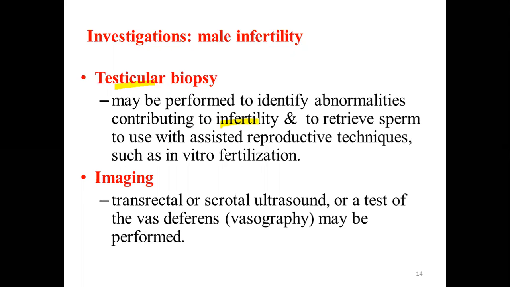And apart from that, we can even consider what they call vasography, which is like a scrotal ultrasound. In this procedure, we look at the duct that transports sperm from the testis to the seminal vesicle. If there is any blockage in the vas deferens, it will show us an anatomical obstruction, which is responsible for causing infertility in males.